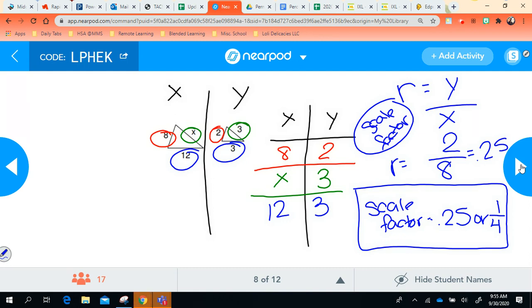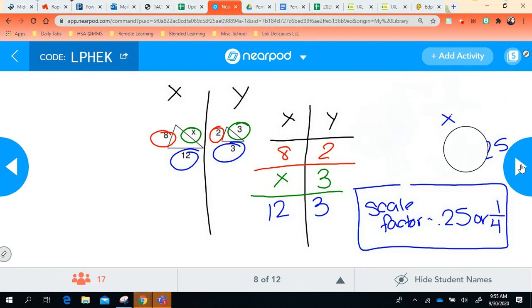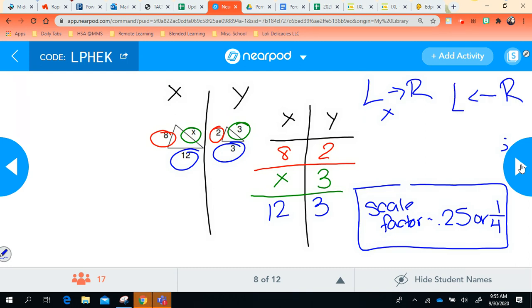So now that I know what my scale factor is, now what can I do? Don't tell me what we're going to do like that. What am I solving for? X. And this is why I said don't tell me to multiply. So we said from left to right, we do what? We multiply. From right to left, we do divide.